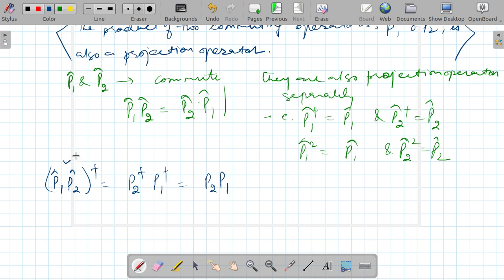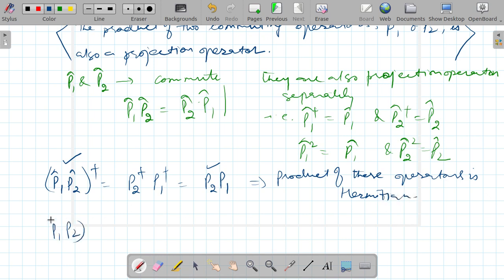That means the product of these operators is Hermitian. So one condition is satisfied.